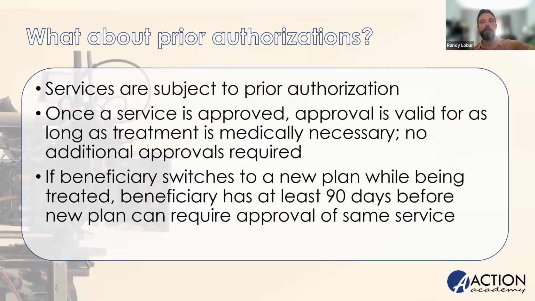So the prior auth is only carrier. If you do move to another carrier, they have to honor that prior auth for 90 days, but on day 91, they can require approval for that same service or that same drug, whatever the case might be.